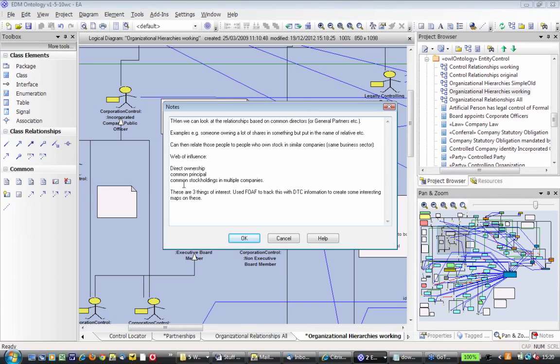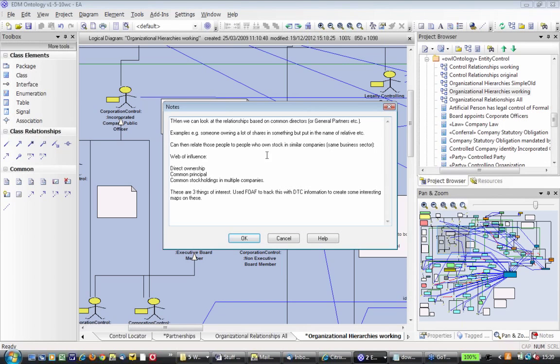And we used an ontology called Friend of a Friend. And we used information out of the DTC and created some very interesting maps where we could really get tremendous visibility into whether or not it was legal, but who really had the control.